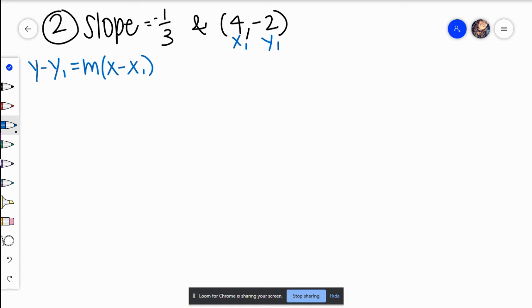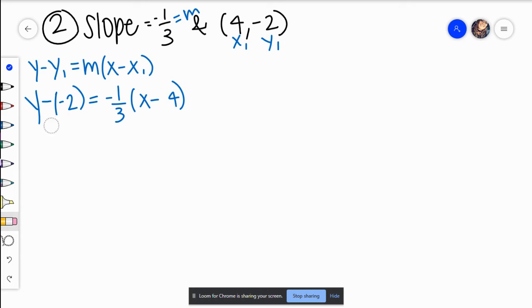This would be my point. This would be my slope. And if I plug everything in, I need to plug in a y sub 1, make sure I subtract that from y. So it's actually y minus a -2 equals my m is a -1/3 times x minus 4.